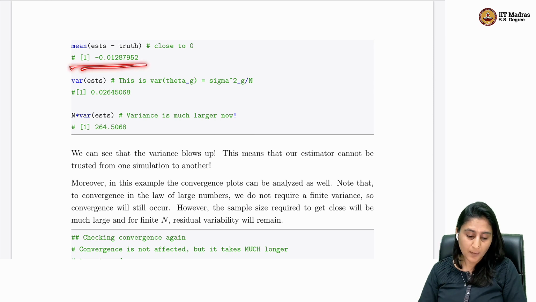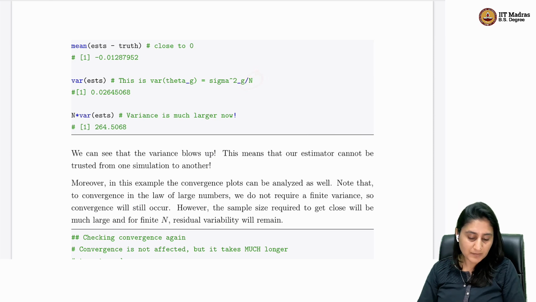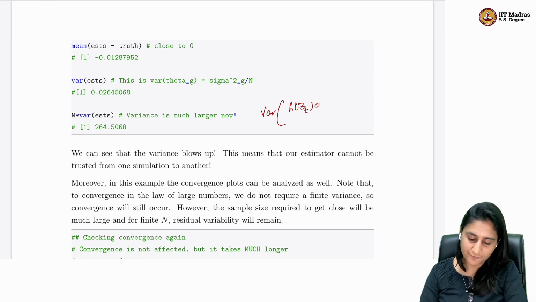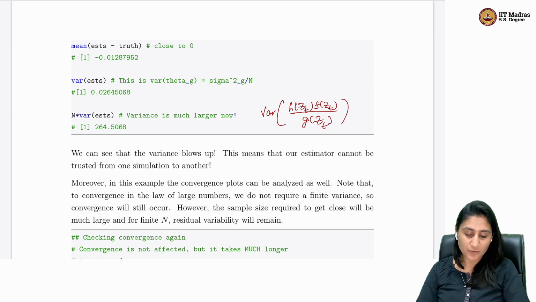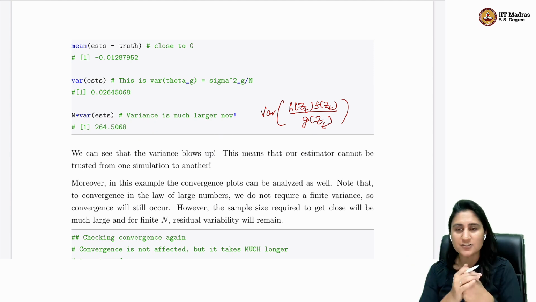Not too bad. But the variance of the S, or sigma squared g by N, is 0.026. Now this looks small, but remember this is divided by N. So if I multiply by N, the variance of H of ZT, F of ZT by G of ZT is estimated to be as high as 264 in this case, which is really large.